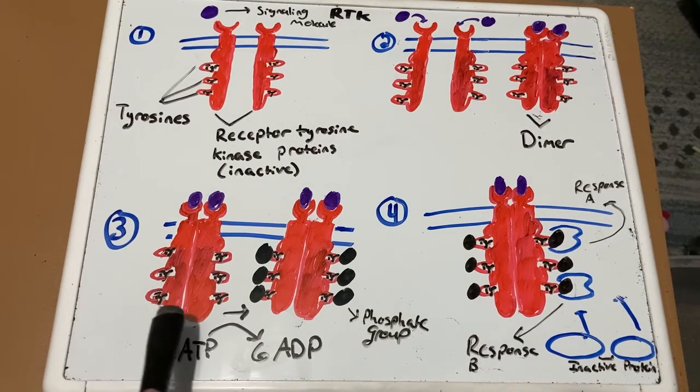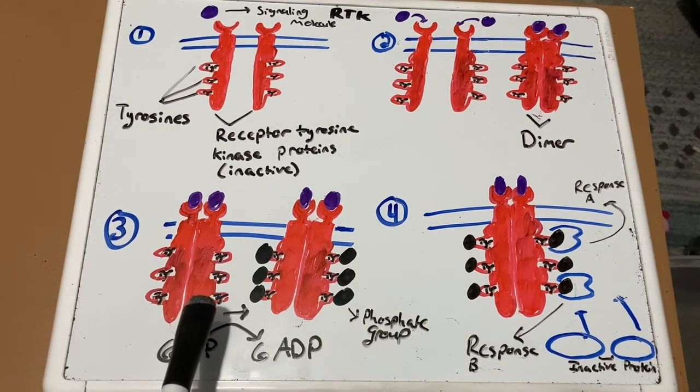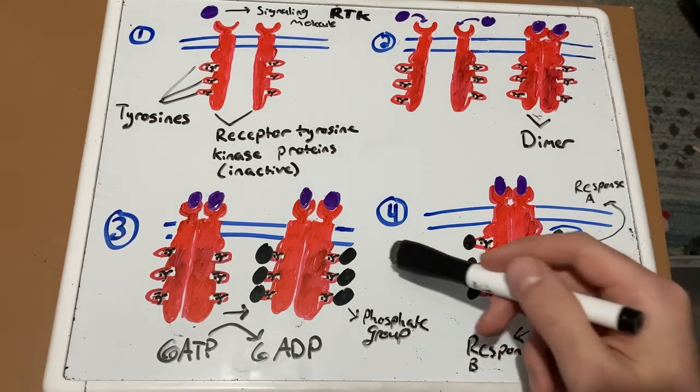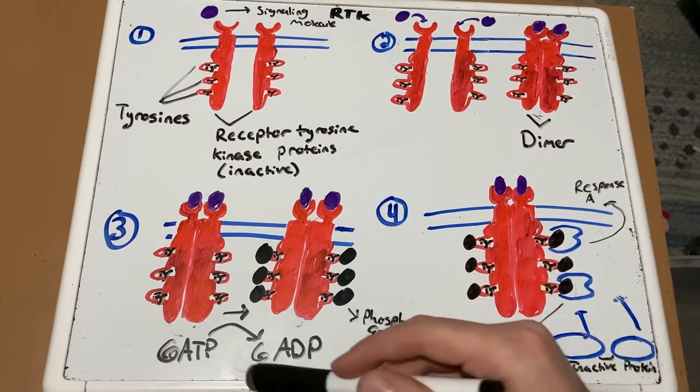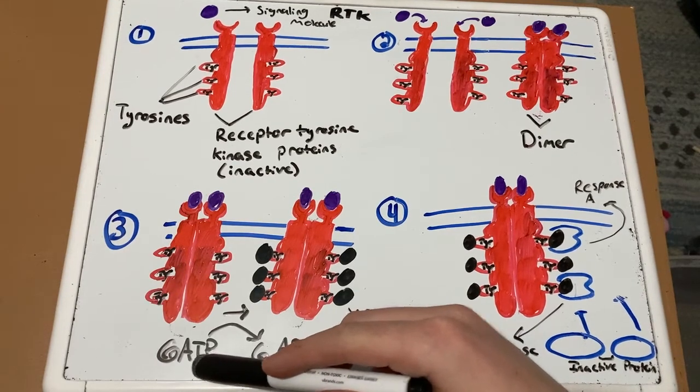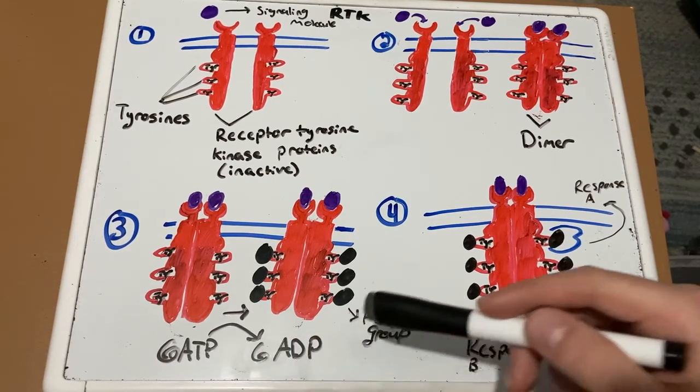In the next step, the formation of the dimer causes the tyrosine kinase regions of the RTKs to become activated, leading to each tyrosine receiving a phosphate from an ATP molecule, as seen here. So these 6 phosphate groups come from the 6 ATP that were broken down to 6 ADP.